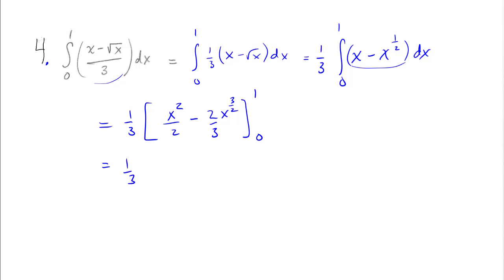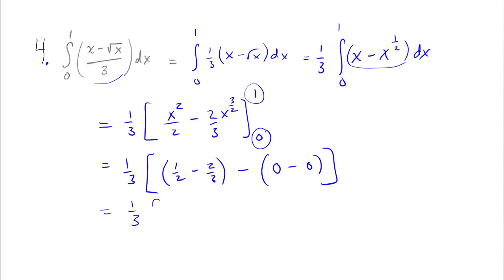So I get 1/3. Now I'm going to do this whole evaluation at 1 first. So 1/2 minus 2/3, and then subtract the evaluation at 0, which would be 0 minus 0.